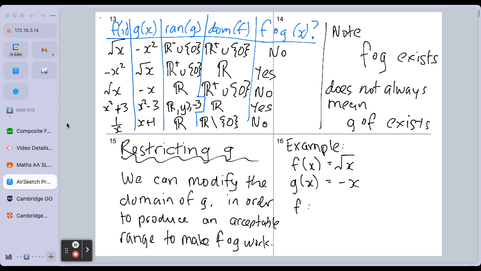F goes from, it needs to be real or 0, and then the output, not that we care, is also real numbers or 0. Actually, I should colour that differently.